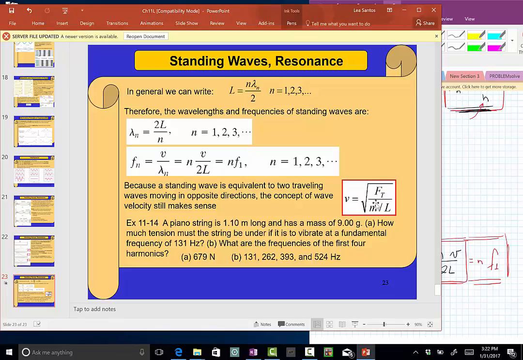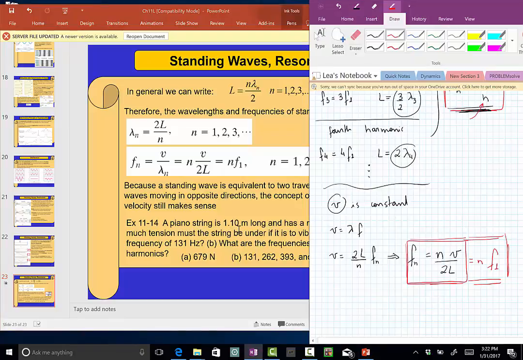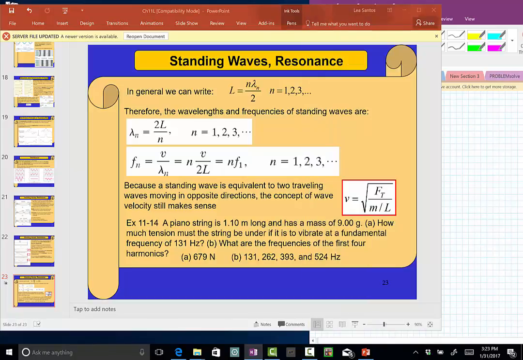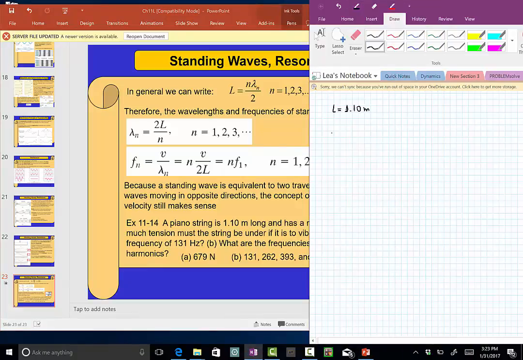Okay, so let's see what the problem is asking us. We have a piano string. They give us the length, so let's write down this length. The length of this piano string is 1.10 meters. It has the mass of 9 grams. Careful with the units, right? Put it in kilograms, so multiply by 10 to the minus 3 kilogram.